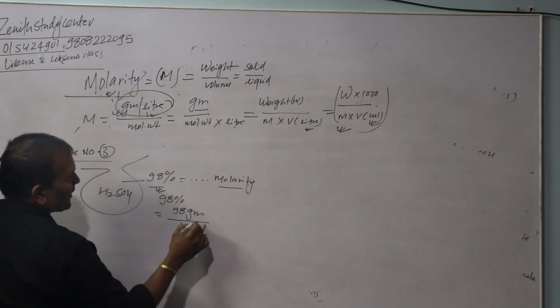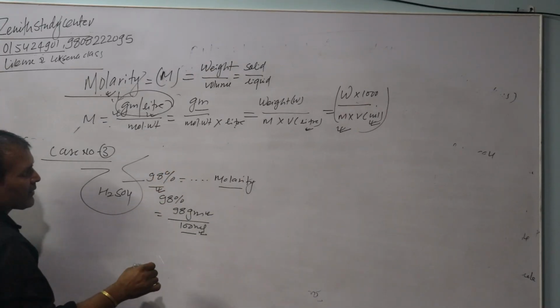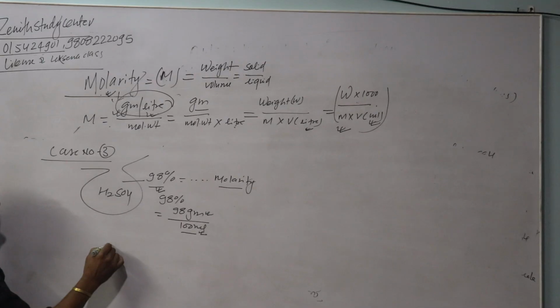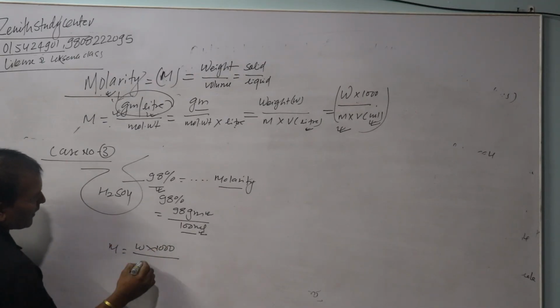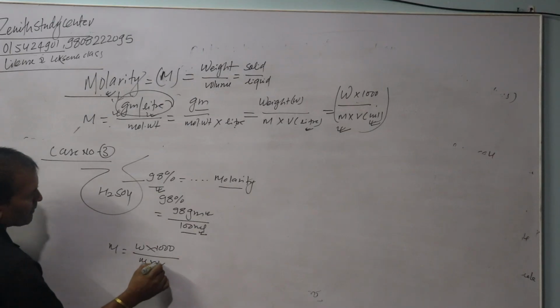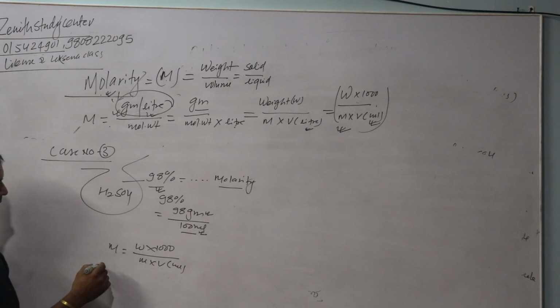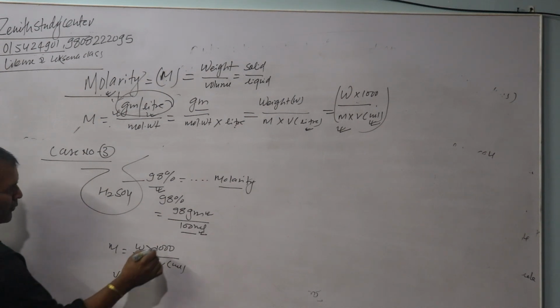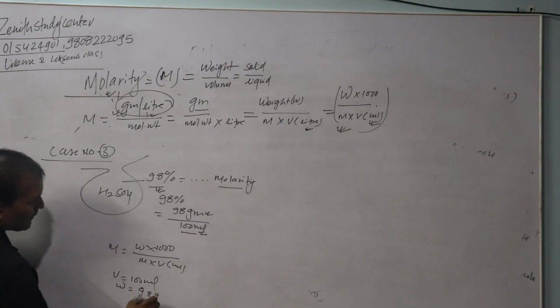So in ml, you can directly use the molarity formula. What is the molarity formula? Molarity is equal to W into 1000 by M into V in ml. What is the V? V is equal to 100 ml. What is the weight? Weight is equal to 98 gram.